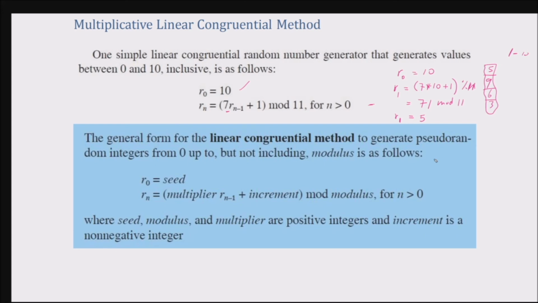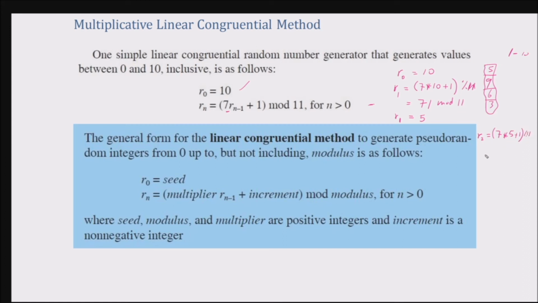So the next time, if I want to calculate R2, R2 will be 7 times R(n-1), which is now R1, which is 5, one step before, plus 1, and then mod 11.